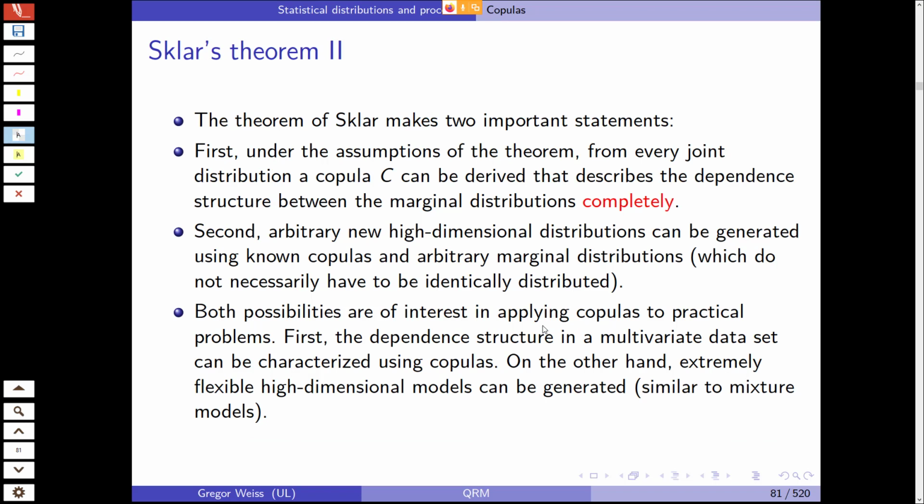So both possibilities are of interest in risk management, trying to extract the copula from data, but also if you have some model and you want to apply a copula in this model, you can choose the copula based on the theoretical properties of that particular copula model. So you model the dependent structure first in a multivariate data set, and on the other hand, extremely flexible high-dimensional models can be generated, which is actually very similar to mixture models, also in statistics.